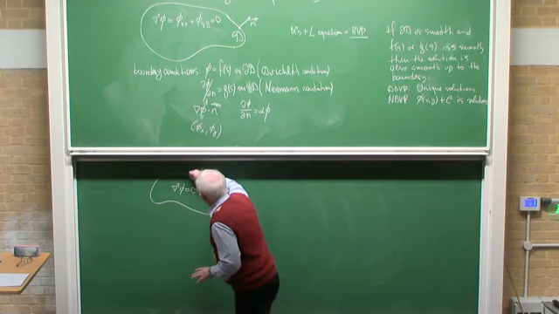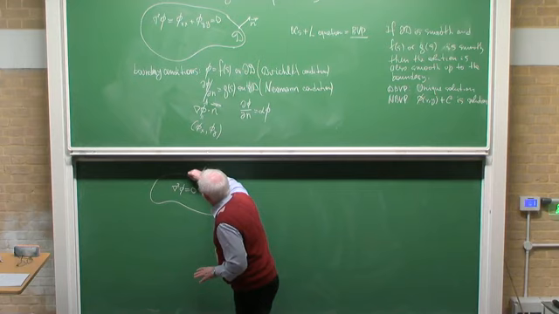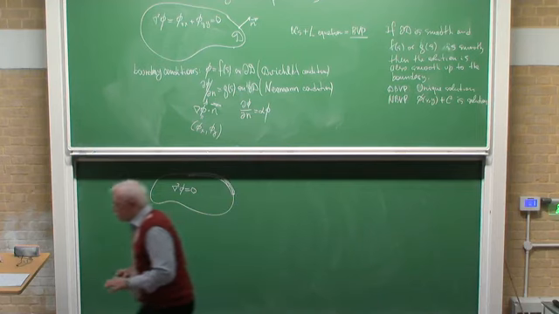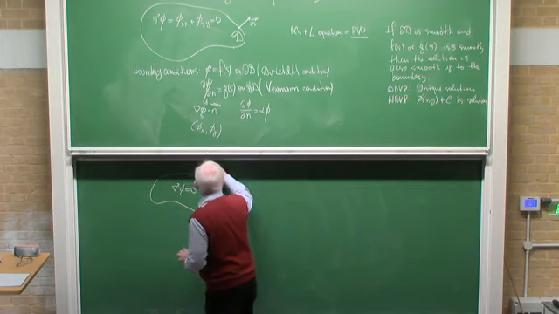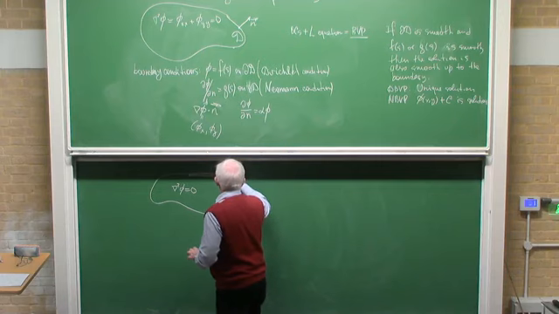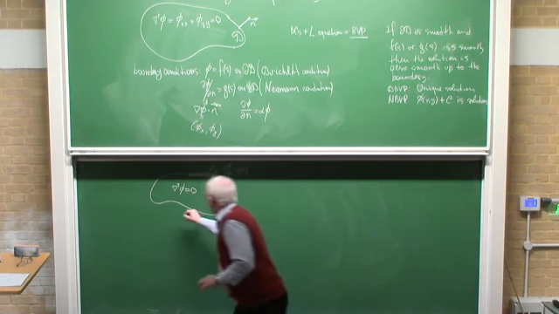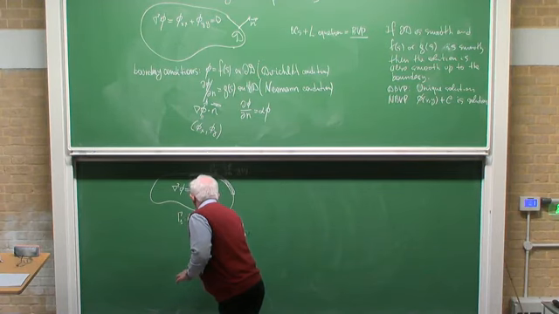And the boundary is divided into pieces, let's say two pieces. Say gamma 2, and on this part of the boundary, the normal derivative is given. And on the rest of the boundary, gamma 1, the function itself is given.